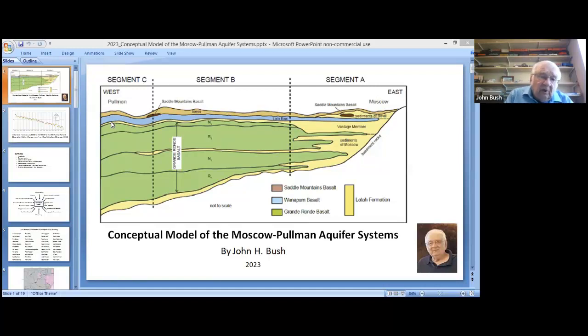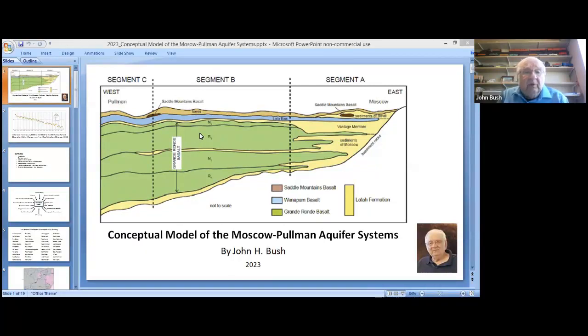So most of the talk will go east to west. We don't want to forget that the Palouse area to the north could actually be called segment D. We'll primarily be talking east to west, and we're primarily going to focus on the lower aquifer, which is where we get our water right now.